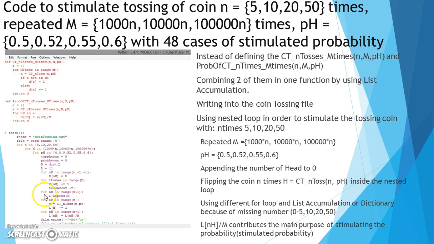So we append the number of heads to 0, because to get this right here, you use different for loops and list accumulation or dictionary because of missing numbers. The missing number is like when you do, for example, from 5 to 10,000 multiplied by n and 0.55, let's make it 10.